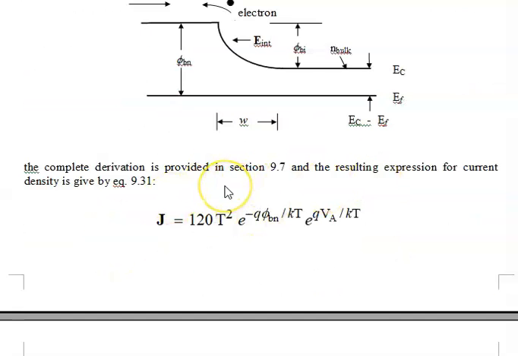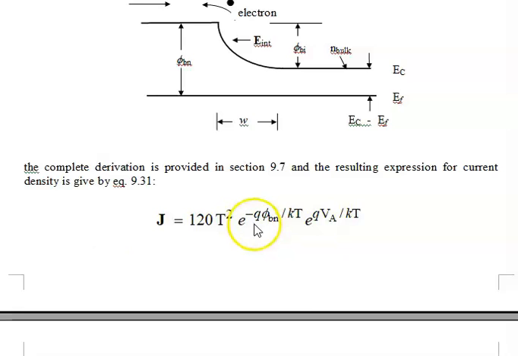So I just mentioned that the full derivation is found in section 9.7. It's a little bit long to go through, but I believe it's reasonably straightforward, so I hope you'll be able to follow it without too much difficulty. Again, as we mentioned in our last session, it's composed of two parts. This is the forward bias part, where the current increases exponentially with VA.